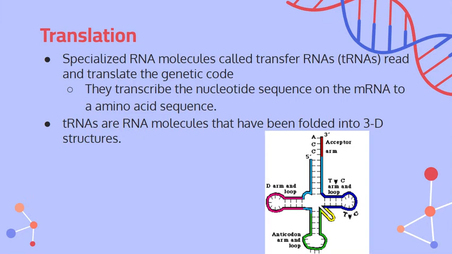You can see the anticodon here attaches to the mRNA, and the acceptor arm is where the amino acid connects. tRNA are just RNA molecules that have been folded into a 3D structure.